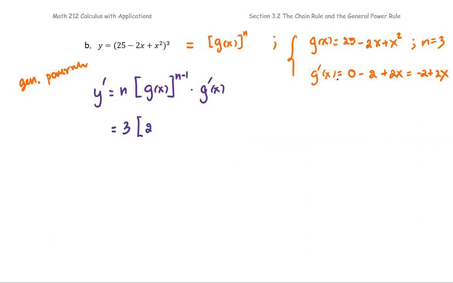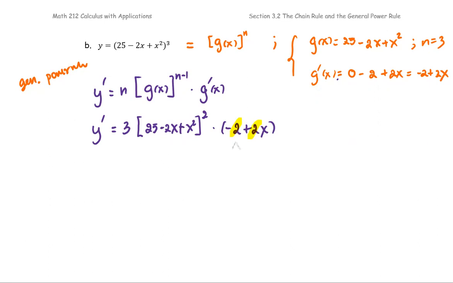The g is 25 minus 2x plus x squared, to the power 3 minus 1, that is the power 2, multiplied by g prime, which is the quantity negative 2 plus 2x. And here is your answer, or your form for y prime, the derivative of y with respect to x. If you want to simplify more, you can do so by factoring the 2 out.